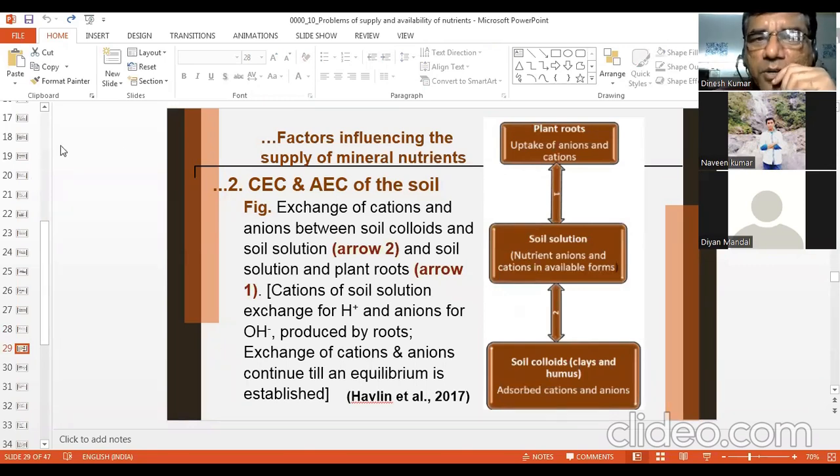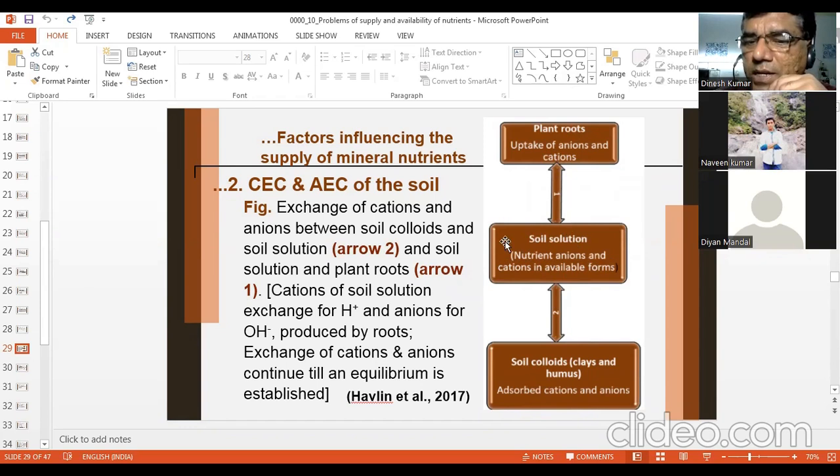Factors influencing continue, number 2, CEC and AEC of the soil. So you can see this figure. These are plant roots, uptake of anions and cations. So they take up these nutrients from the soil solution, and then the soil solution will have a deficiency of nutrients, because anions and cations are available here, but part of that has been removed by the plant roots.